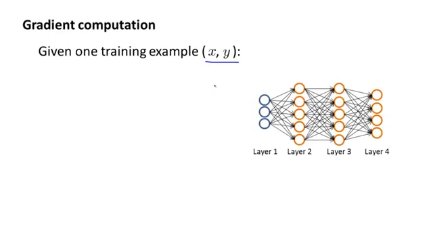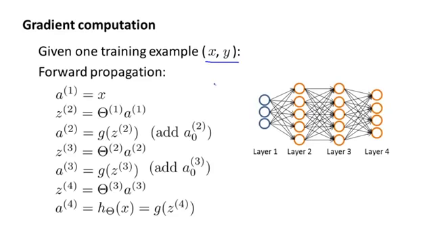The first thing we do is apply forward propagation in order to compute what our hypothesis actually outputs given this input x. Concretely, recall that A1 is the activation values of the first layer, that is the input layer, so we're going to set that to x. Then we compute Z2 equals theta1 A1 and A2 equals g, the sigmoid activation function applied to Z2, and this gives us our activations for the first hidden layer, that is layer 2 of the network.